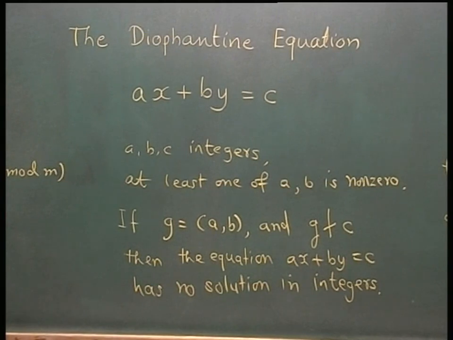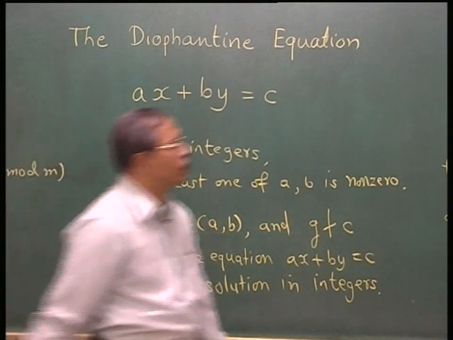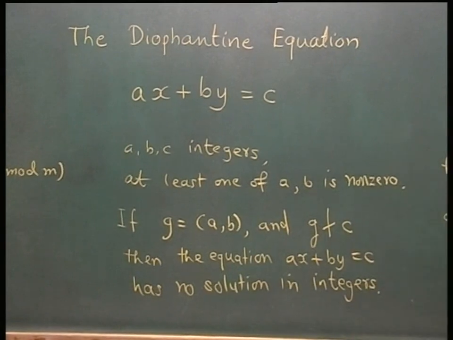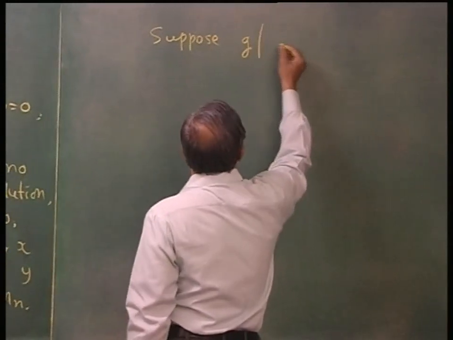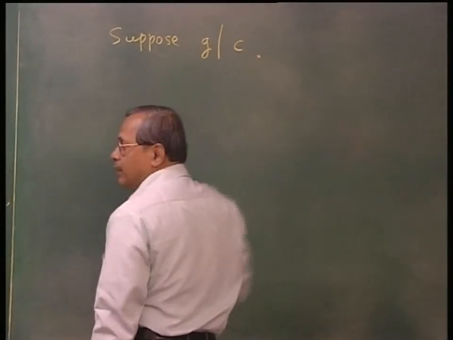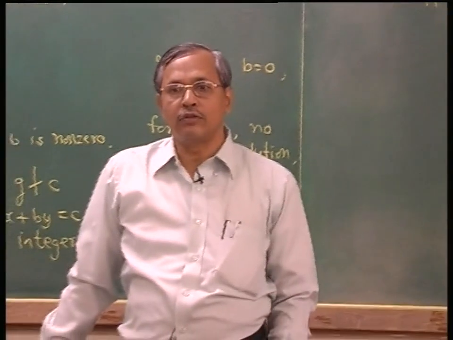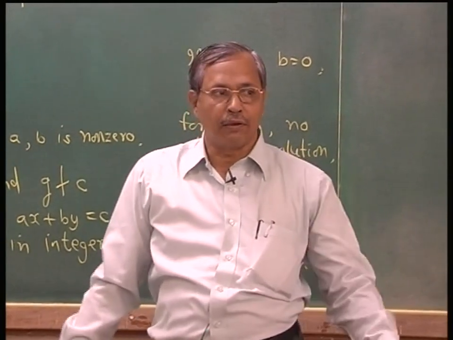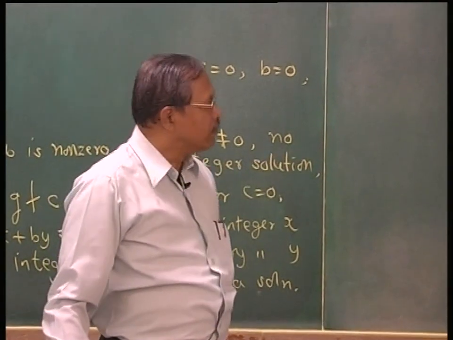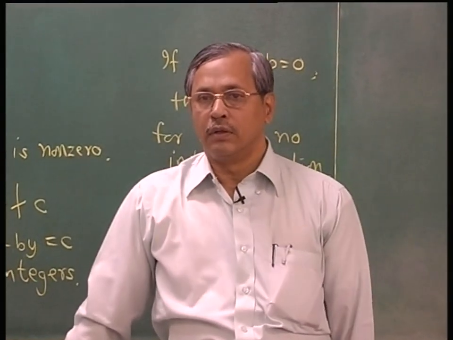Now suppose this GCD G divides the right hand side C. In this case, we want to show that there are solutions in integers, and there are infinitely many solutions, and we can give them by some formula in terms of one solution of the equation.